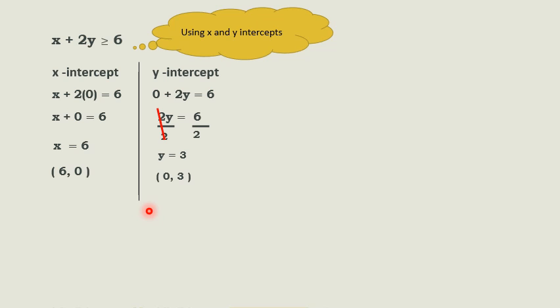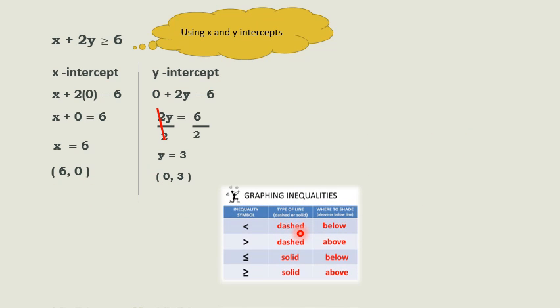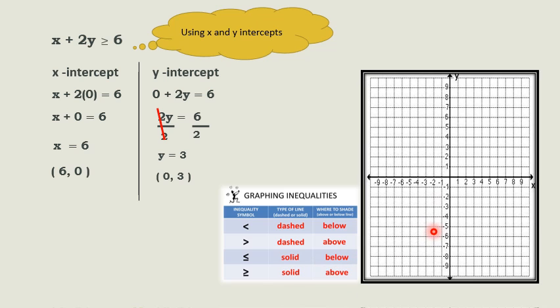Now, these two ordered pairs, we need to graph. But remember, in graphing inequalities, this symbol is the dashed line, but the shading is different. Again, for this symbol we shade below the line, and for this one above. And this symbol is solid, and it's different for this one. So let's graph this one.